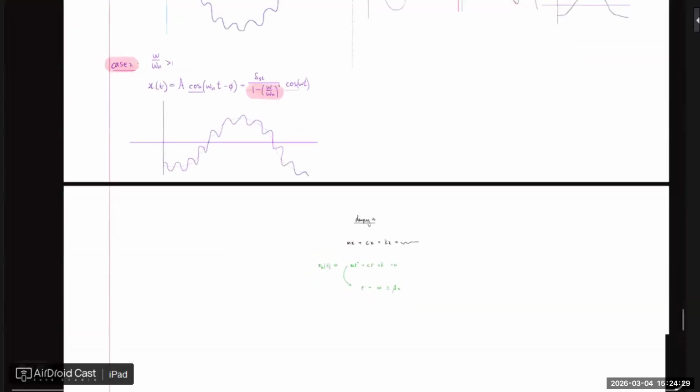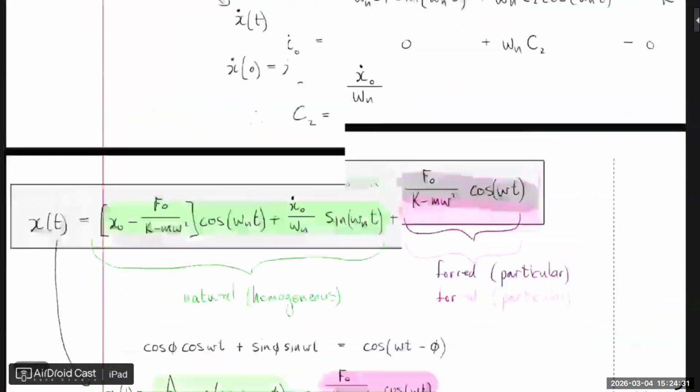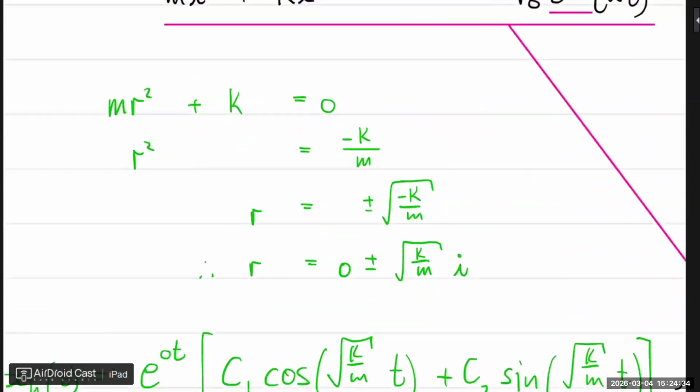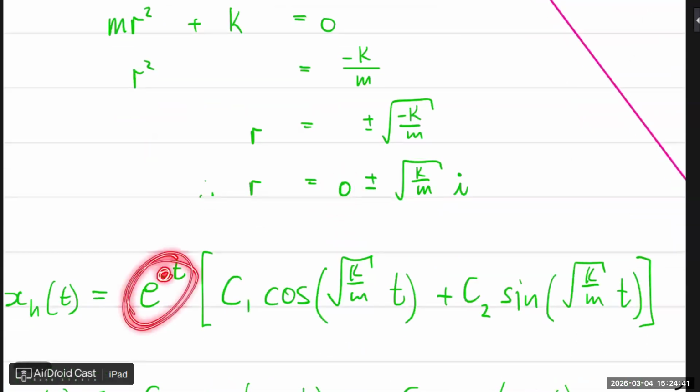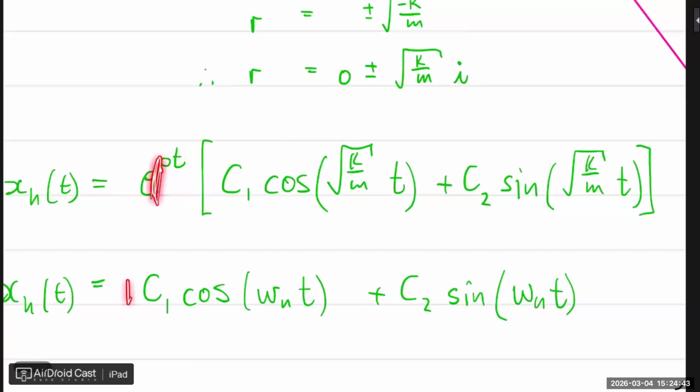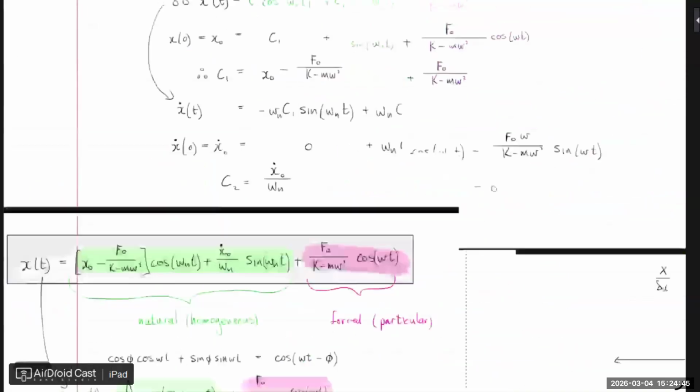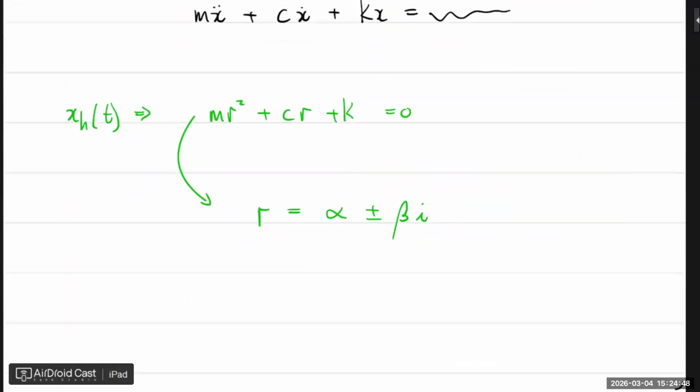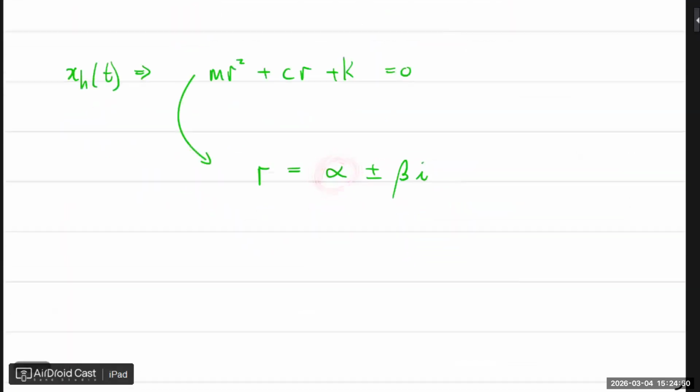But remember, earlier, without a damper, our complex value for alpha was 0, so that part was just 1. Now, if there's damping, there will be an alpha, and if there's alpha, we know that the x(t) part will be e to the power of negative alpha t.